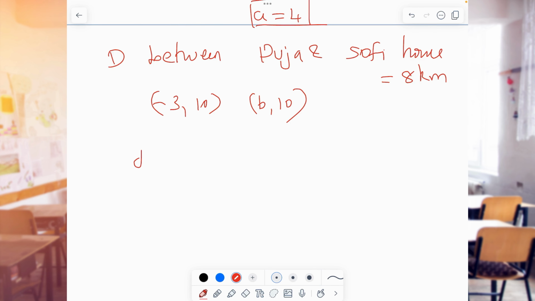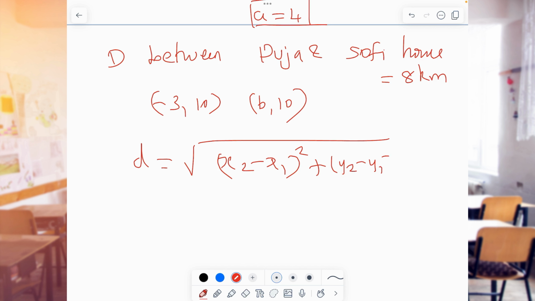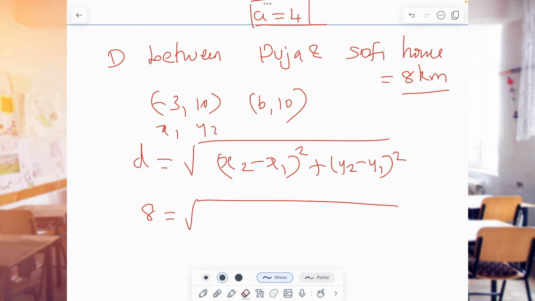Alright, so now substitute into the distance formula, square root of x2 minus x1 the whole square plus y2 minus y1 the whole square. The distance between these two is 8, so write x1, y1, x2, y2.